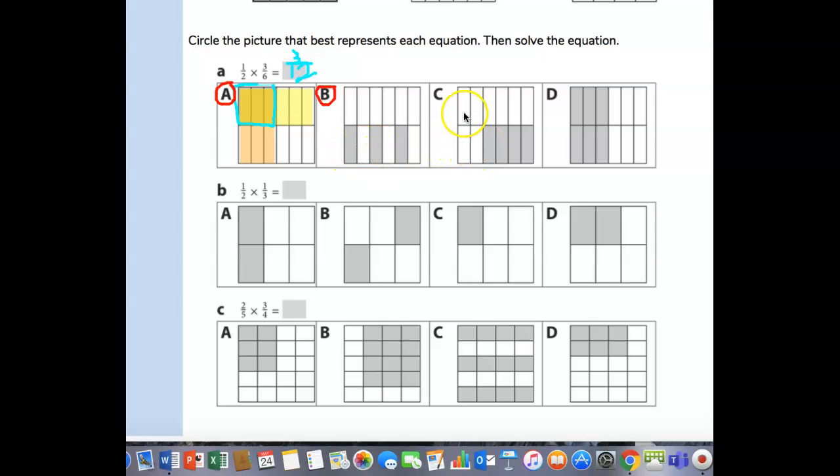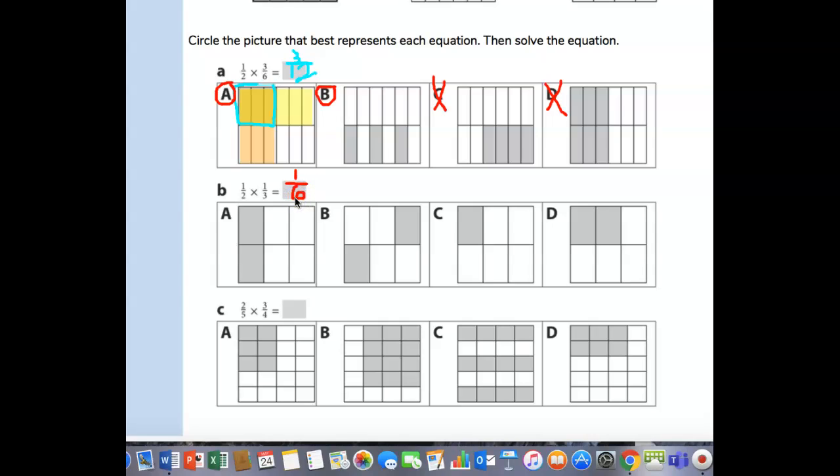All right, let's look at this one. 1, 2, 3, 4, 5, 6, and 6 is 12, but look, this is 4/12, so that is not right. This is still 12s, but we've got 6/12s, so that doesn't work. All right, let's look at this. 1/2 times 1/3. 1 times 1 is 1. 2 times 3 is 6.